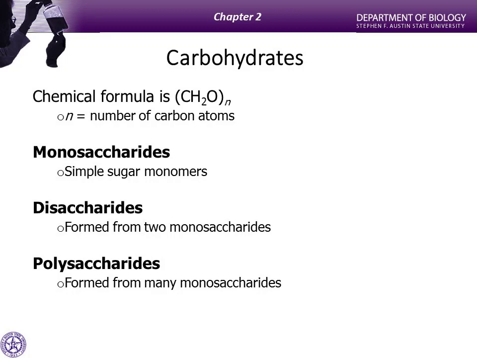Now, if we take more than 2 or even a bunch, then we call it a polysaccharide, just a long chain. Glycogen. We've already talked about glycogen in your muscles, in your liver, the storage form of glucose. That's a polysaccharide. Starch. That's how plants store glucose. That's the polysaccharide in plants.